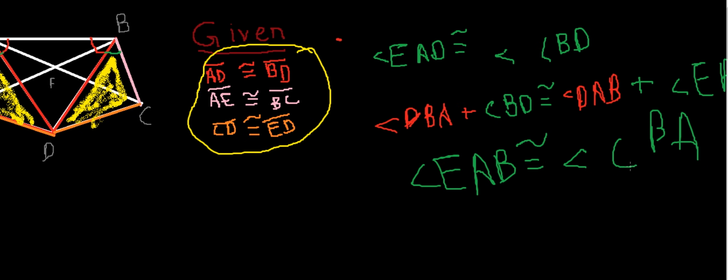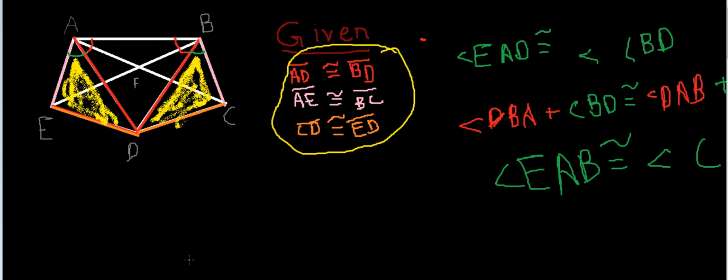So once we've said that, we'll try to prove these two triangles right here congruent. That one and that one.